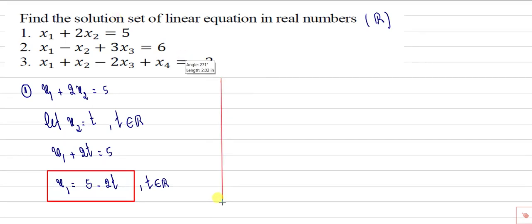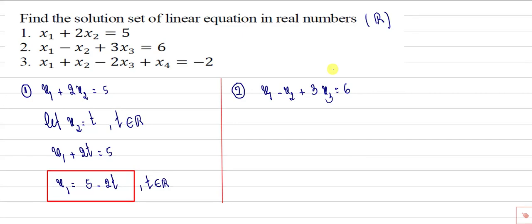Point 2, I write the equation of point 2: x1 minus x2 plus 3x3 equal to 6. So this equation has three unknowns.